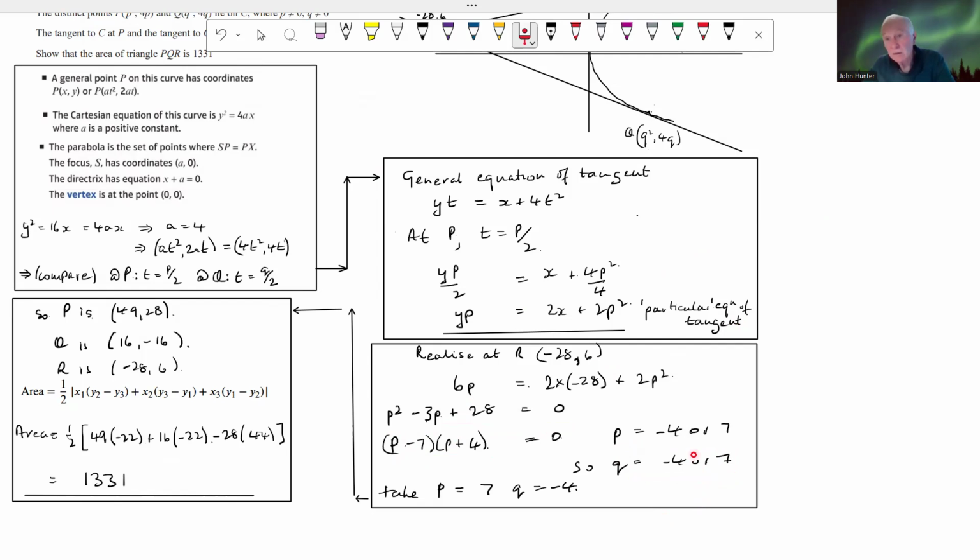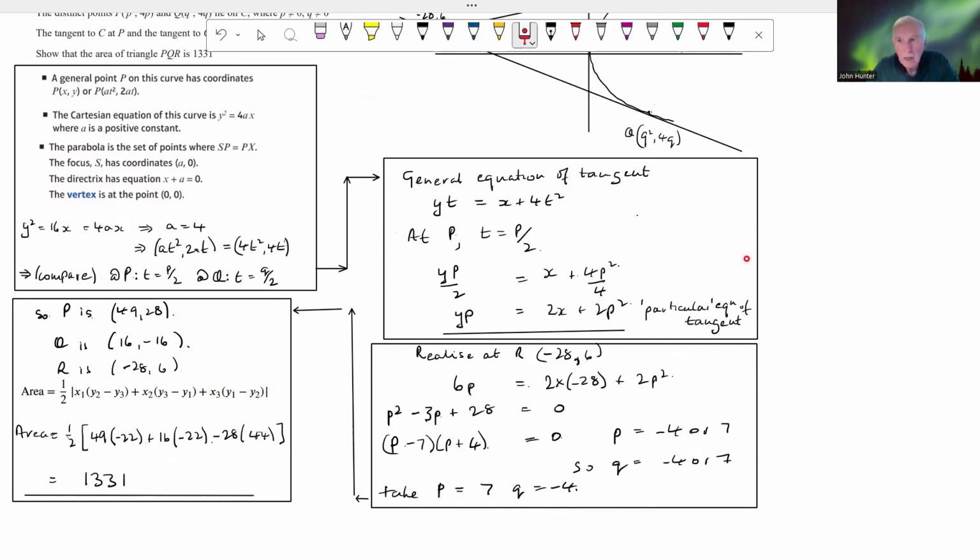Therefore, p is going to be 7 and q is going to be minus 4, or maybe the other way around. Since the point P is in the first quadrant, it seems sensible to take p as 7 and q as minus 4. I think if you'd got them the other way around, it wouldn't affect your answer, but it just seems more logical.